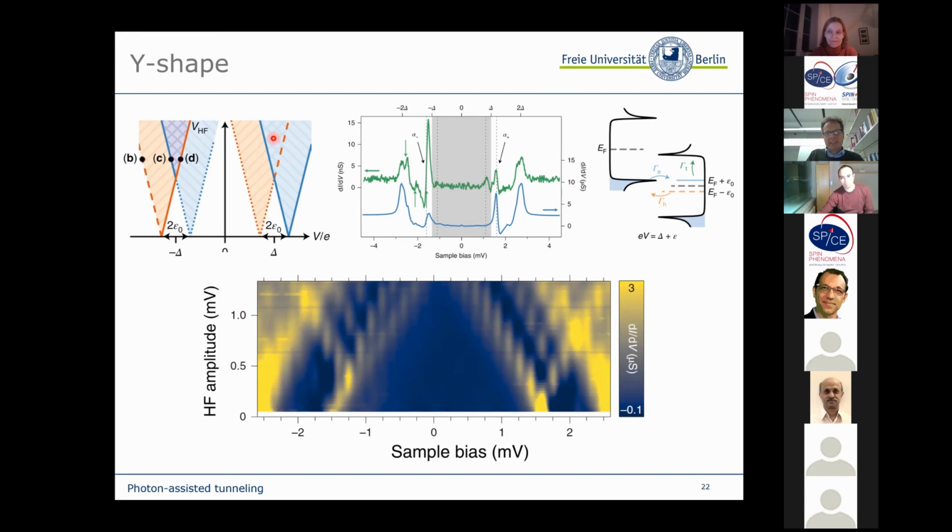The only exception from this is right here, where hole tunneling just barely sets in and is still equally fast as electron tunneling, and this is why one sees this entire line of thresholds of the edge of these hole thresholds here.